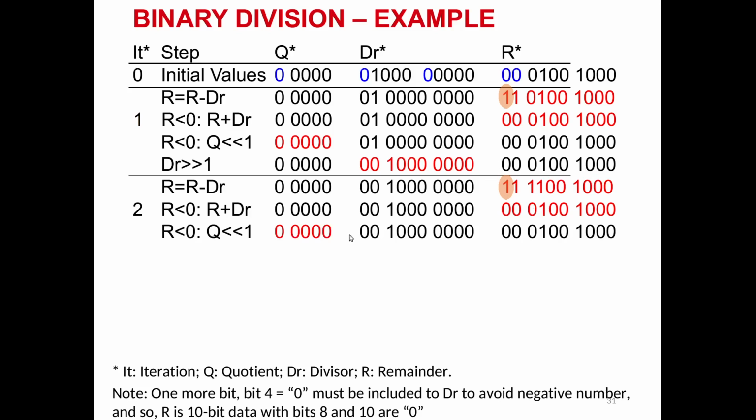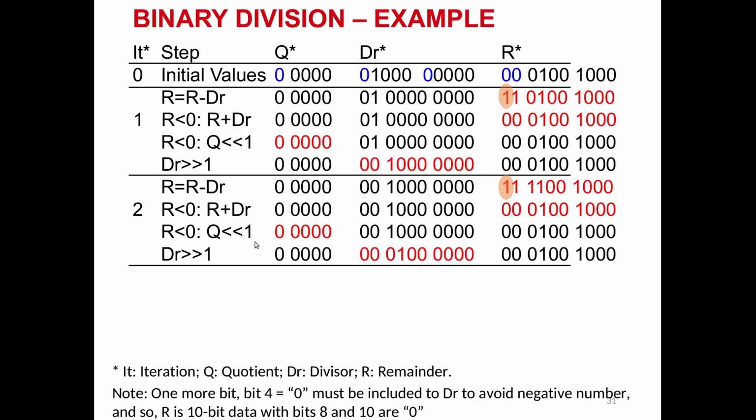At the same time, we need to make a change to q, and as r is smaller than 0, one more bit 0 must be shifted in to q, and q didn't change its value because it is still 0 0 0 0.